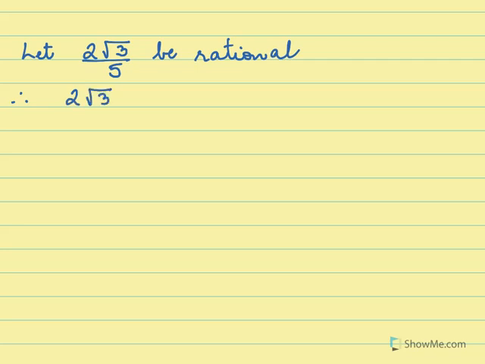Therefore 2 root 3 by 5 equal to P over Q, where Q not equal to 0. Here, since we've written P over Q already, maybe we can write A over B now, B not equal to 0. So we have root 3 equal to 5A over 2B.